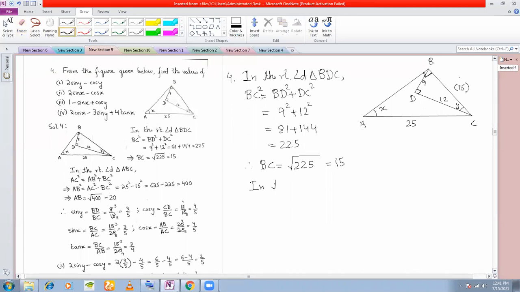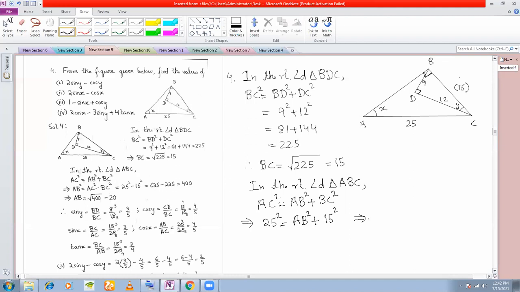In the right angle triangle ABC, AC square is equal to AB square plus BC square. Put the values. AC square, 25 square, is equal to AB square, which we need to find out, and BC square is 15 square.